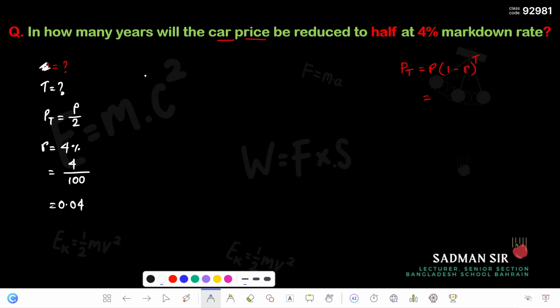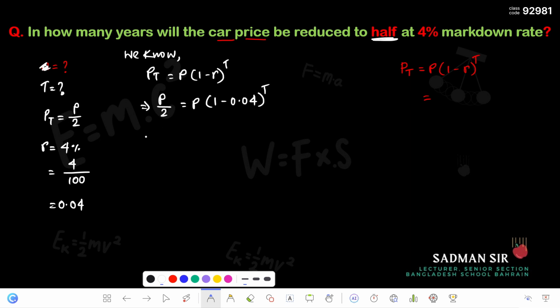Now let us do the calculation. We know Pt equals P into (1 minus r) whole to the power t. So Pt will be replaced by P by 2, as we have already seen. Why? Because it is reduced to half. That is why P(1 minus 0.04) whole to the power t is here.